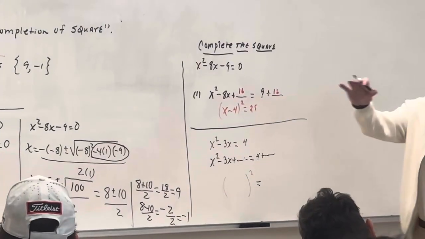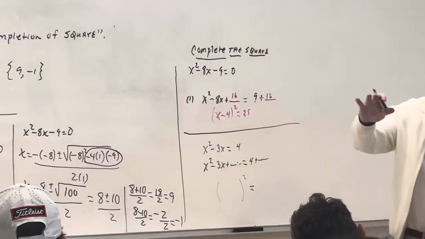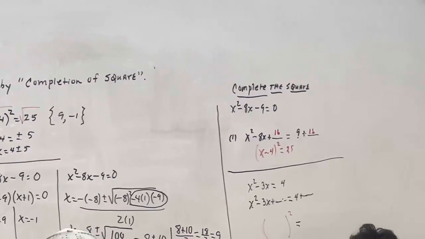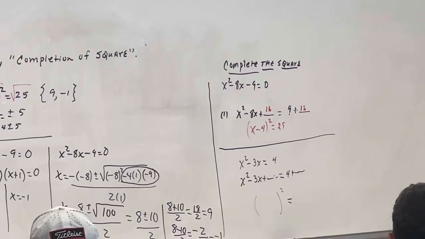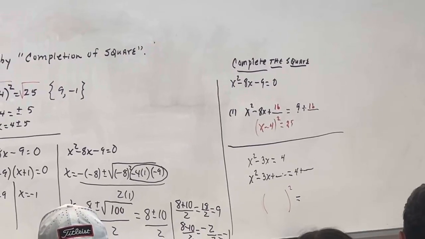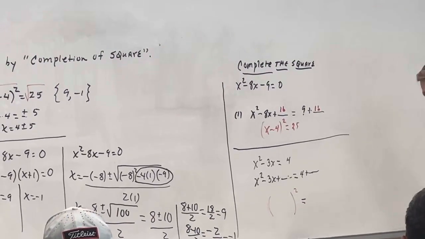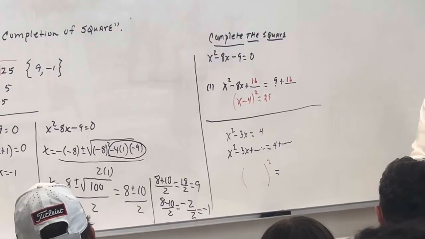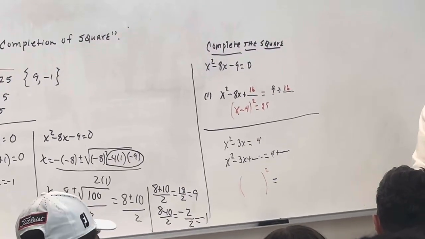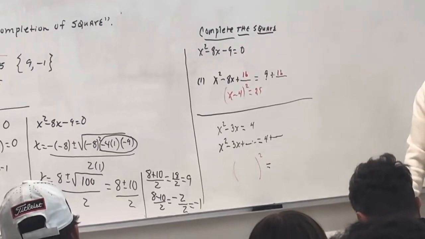Now I saw some hands going up. Let me get back to my student for some input. Yes? Wouldn't it be 9 over 4? Whoa, hang on. Of all numbers, you give me 9 over 4. I tried 4. I said don't try 5.